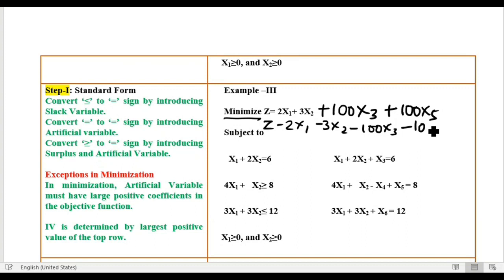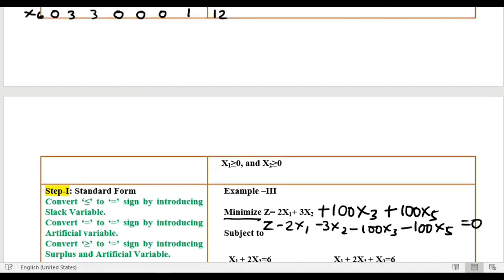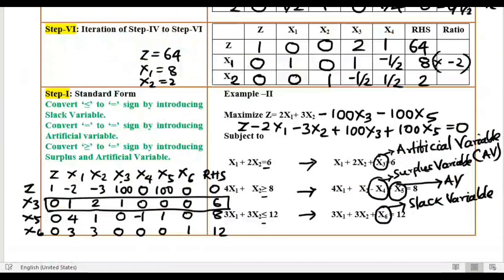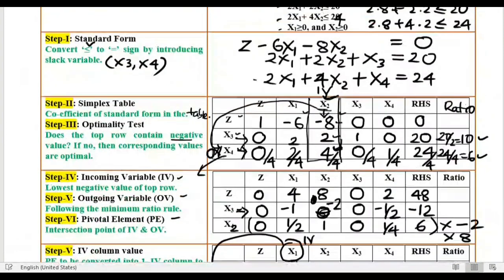Okay. And here the incoming variable is determined by the largest positive value of the top row, whereas in maximization we find the incoming variable by the lowest negative value. The optimality test asks: does the row contain a negative value?